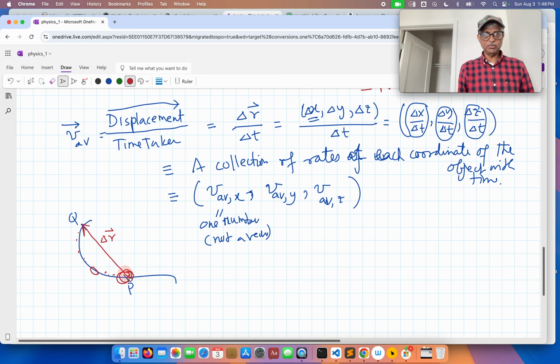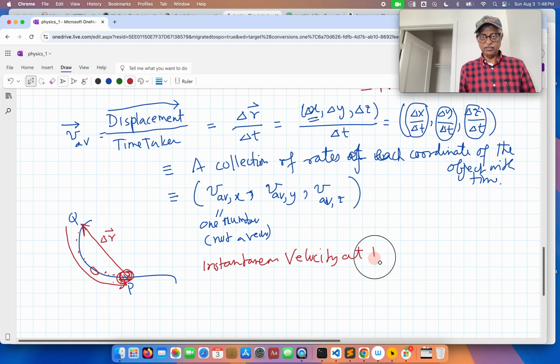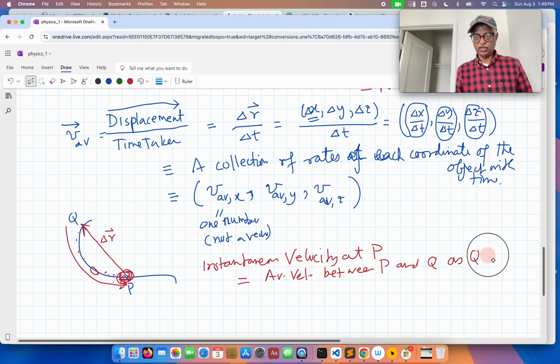So I need somewhere here and do the average here, and keep doing it so that we take a limit, right? So there is an instantaneous velocity. That means as q approaches p, the instantaneous velocity at p is equal to the average velocity between p and some other point q on the path, as q approaches p.